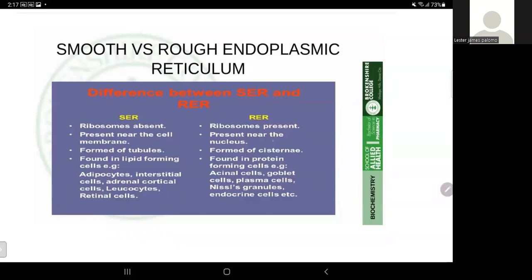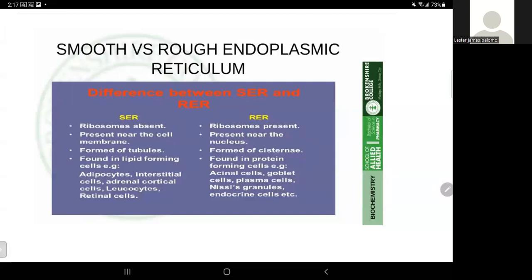So smooth ER is formed of tubules, and RER is formed in cisternae. Lipid forming, protein forming, and these are some of the products, or structural components, in the body.